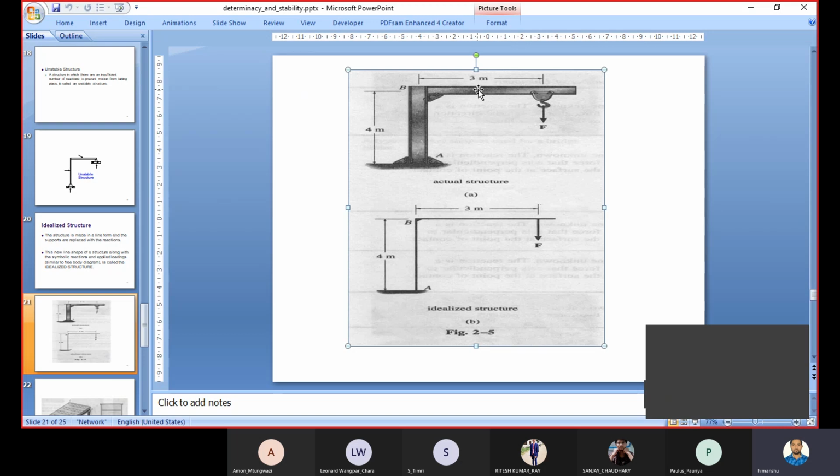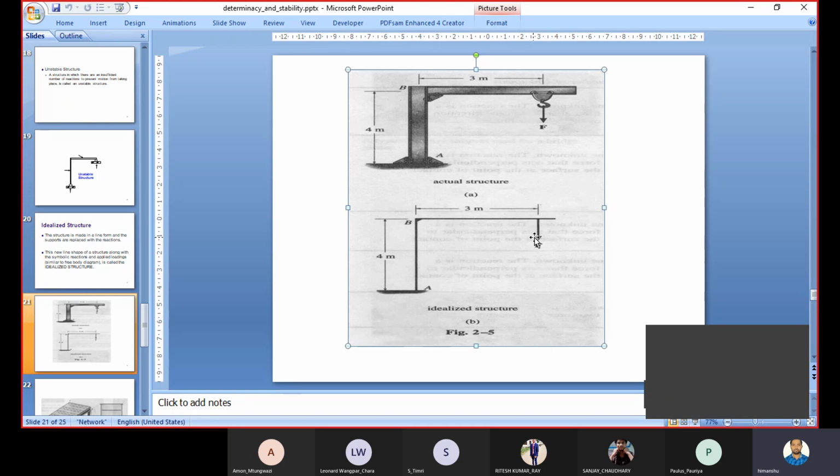So for simplification purposes, we have made a free body diagram of this particular structure by replacing the structure by a single line, and replacing the supports by reaction forces.